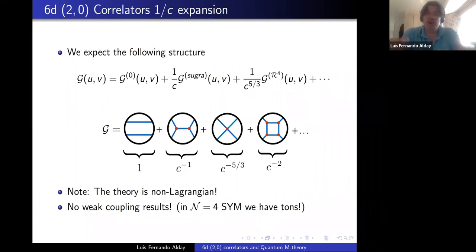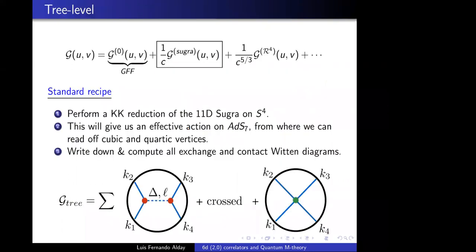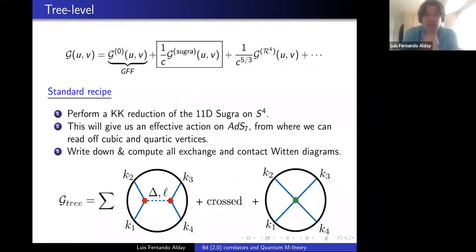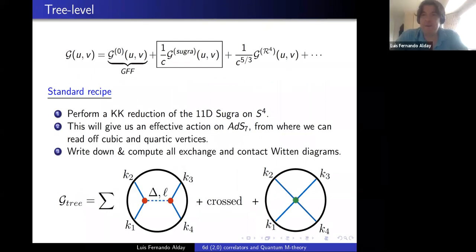If I give you the answer to order 1/c to the 20, you don't really know whether that answer came from one loop diagram or two loop diagrams or analytic diagrams. So in a way, in this problem in M theory, all the things mix together, okay?